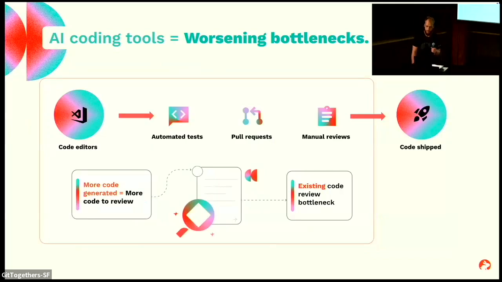So the problem statement is, with all these new code gen tools coming out, developer speed is at an all-time high. People are putting up PRs, they're vibe coding stuff, and then the other people on the team have to review all that code. It's very difficult, it's a bottleneck.